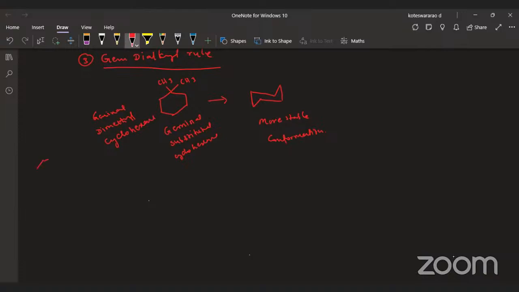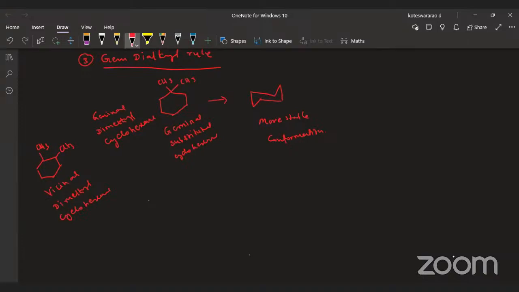When the two methyl groups are on adjacent carbons, it is vicinal substitution, vicinal dimethyl cyclohexane.